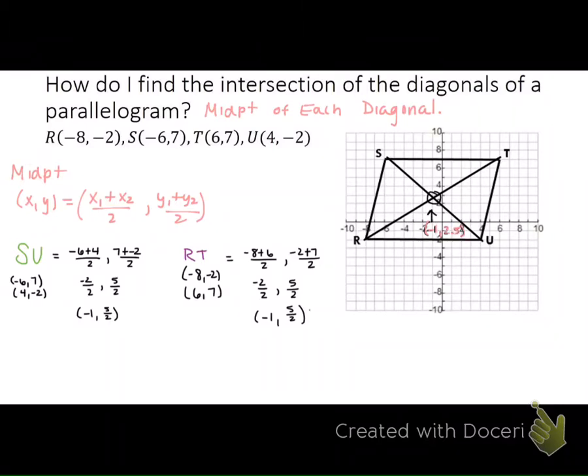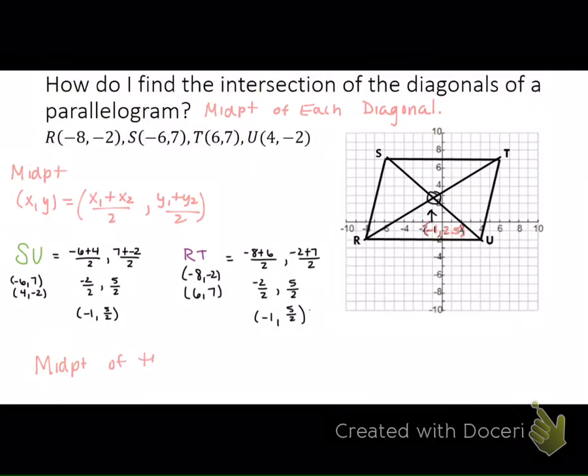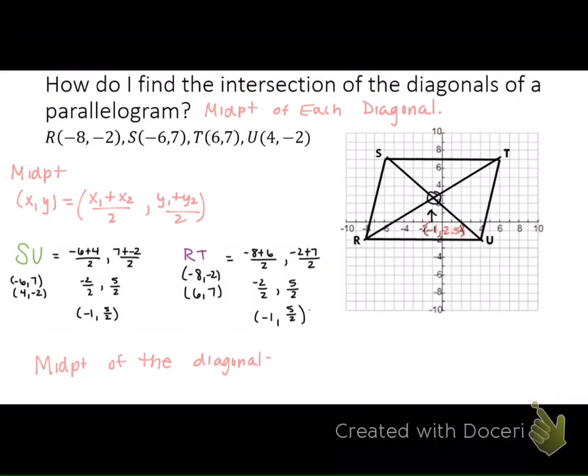We found the midpoint of the diagonals at -1, comma, 2.5 or 5/2. So that's what we found there. We know the diagonals bisect each other, so they should meet at the middle point of each one of those lines. That's all that's saying.